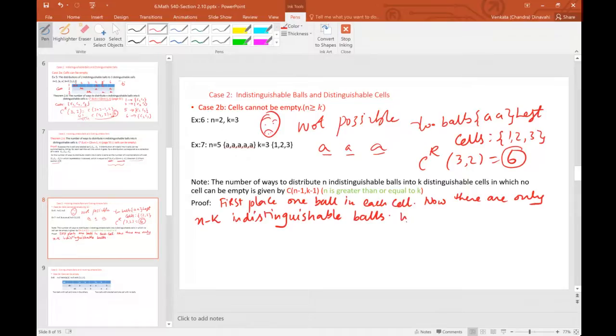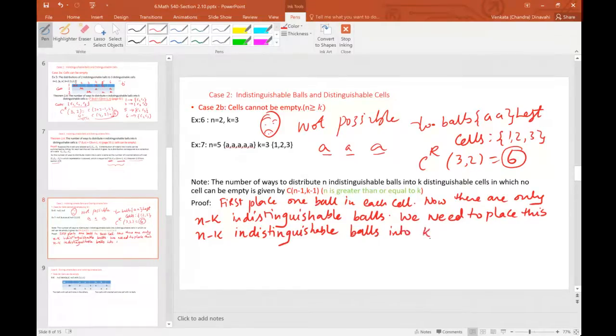Now we need to place these n minus k indistinguishable balls into k distinguishable cells. I have no restriction because I already placed 1 in each, so now all the cells are not empty.